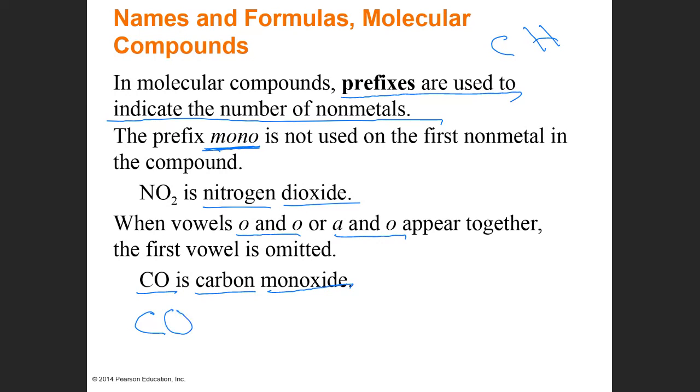Now, what would CO2 be called? Carbon dioxide. Carbon dioxide.